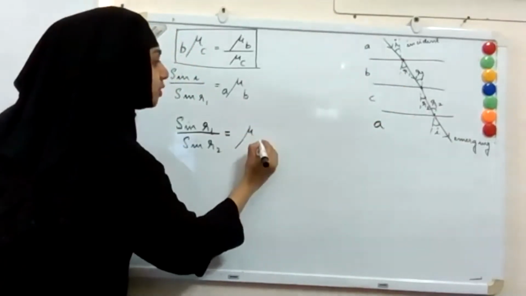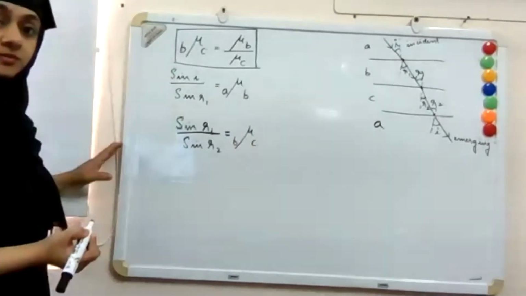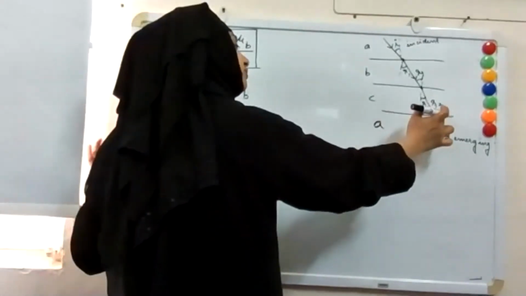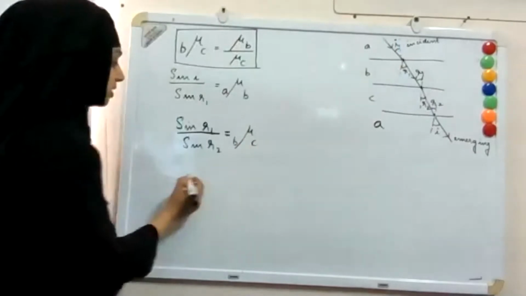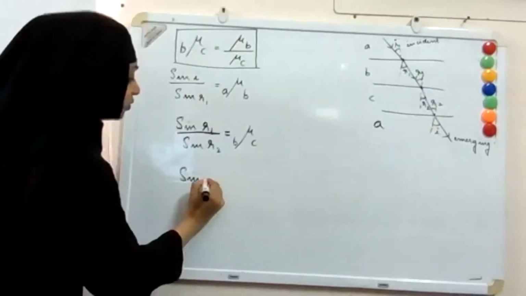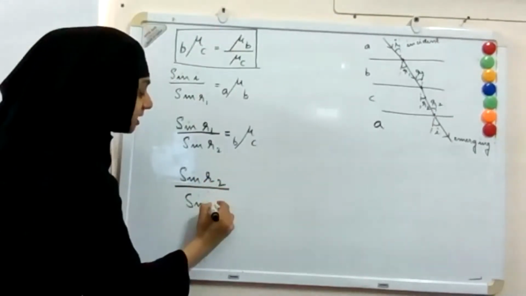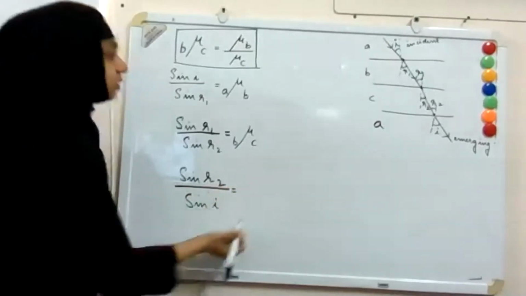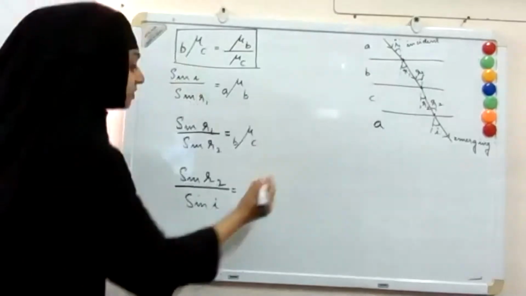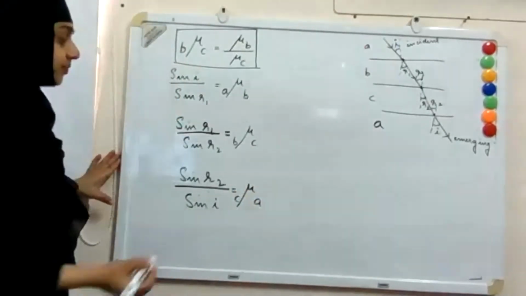So it will become mu C with respect to B. Now, again, I can write the Snell's law for this refraction. Angle of incidence here is R2. Sin R2 divided by sin I is equal to refractive index of the second medium with respect to the first medium. So, mu A with respect to C.